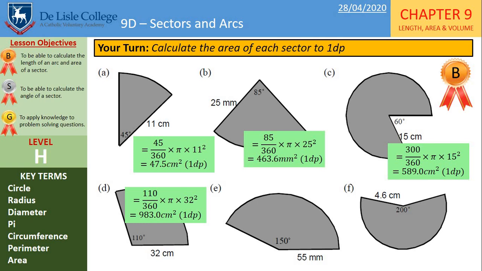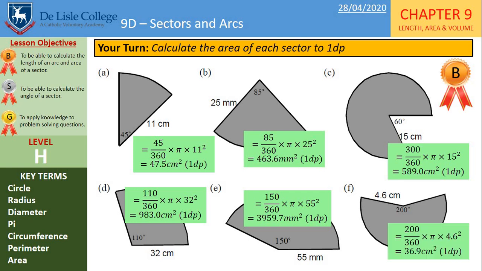Question D, we've got 983.0 centimetres squared. E, 9,959.7 millimetres squared. And F, 36.9 centimetres squared. So that is the bronze objective done.